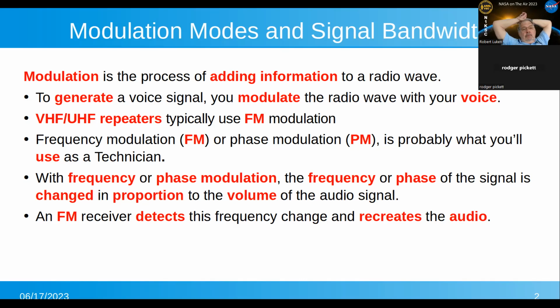When we get to some of the newer stuff, they started experimenting with frequency modulation, where you vary the frequency proportional to the modulating signal's amplitude. There's also a phase modulation where they vary the phase of the signal, and it's very hard for humans to detect a phase change, but electronics can do it.